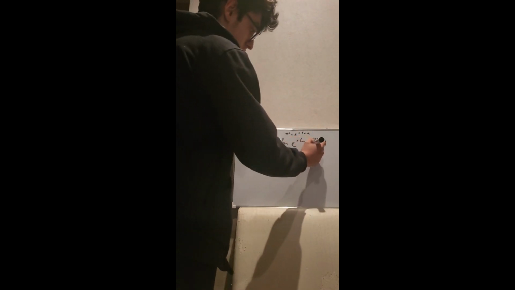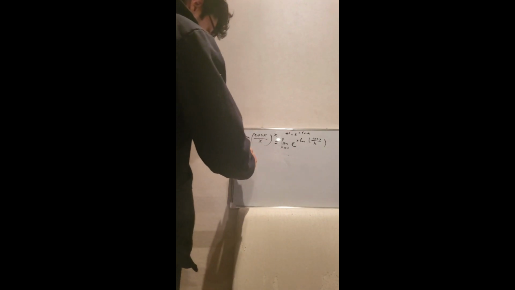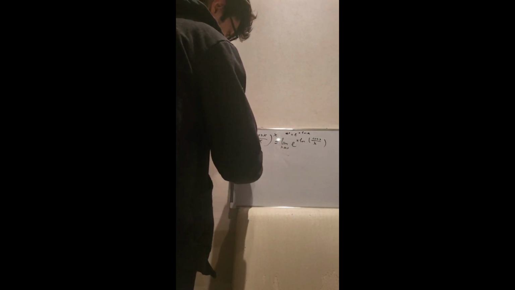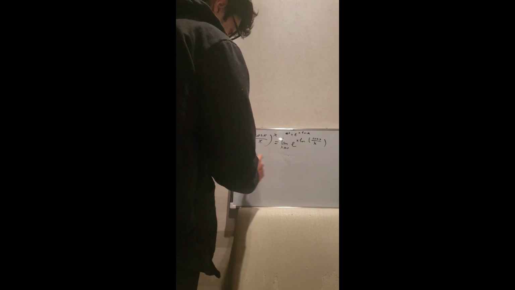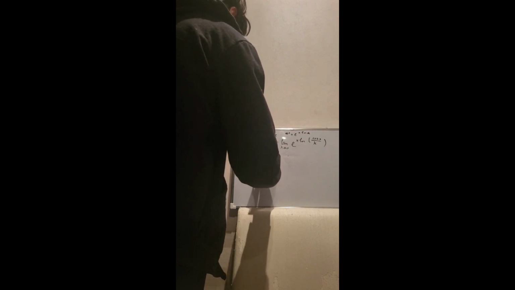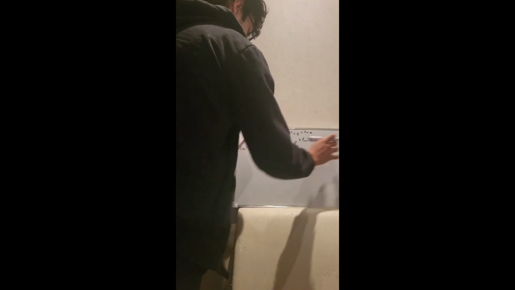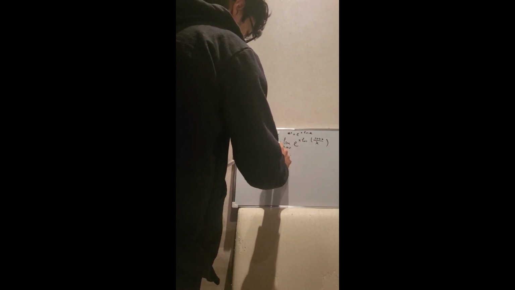So here we are going to use the common formula sine square x over 2 equals 1 minus cosine x over 2.